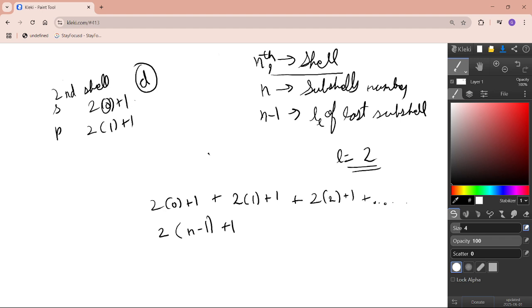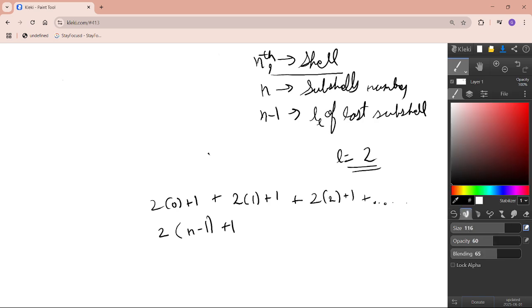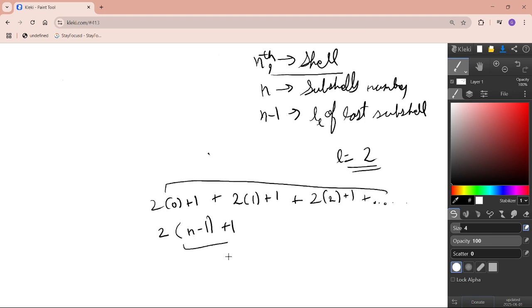Why? Because we have included a 0. If it started from 1 here and 2 here, the number of terms and the last azimuthal quantum number would have been equal, but they're not. So the number of terms is this plus 1, or n minus 1 plus 1, that's n. So there are n terms. N terms we have. So let's simplify.